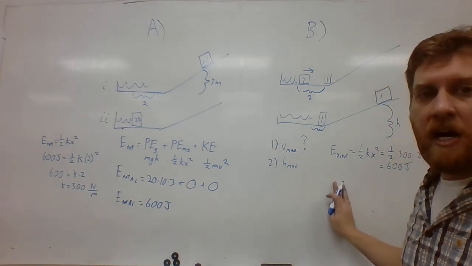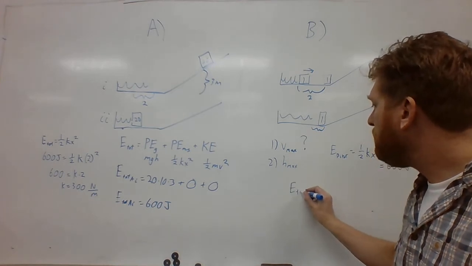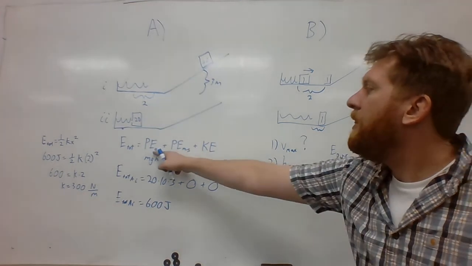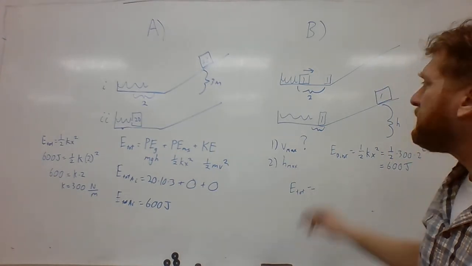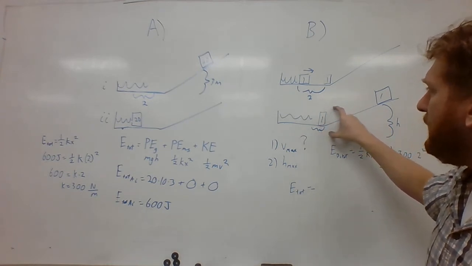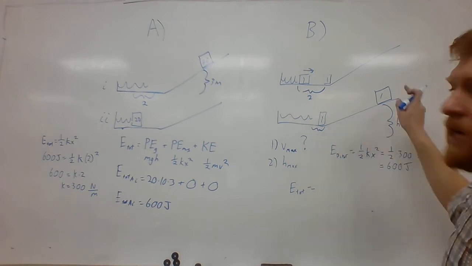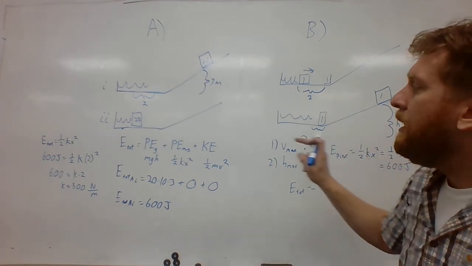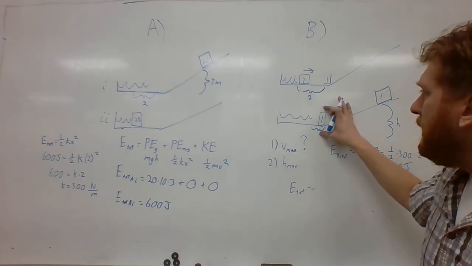We can use energy conservation to determine that maximum velocity. Again, E total equals the superposition of these three energies. Is there any gravitational potential energy when it's right here? No, there's none because it's not actually started going up the ramp yet. Is there any potential energy associated with the mass spring system right here?